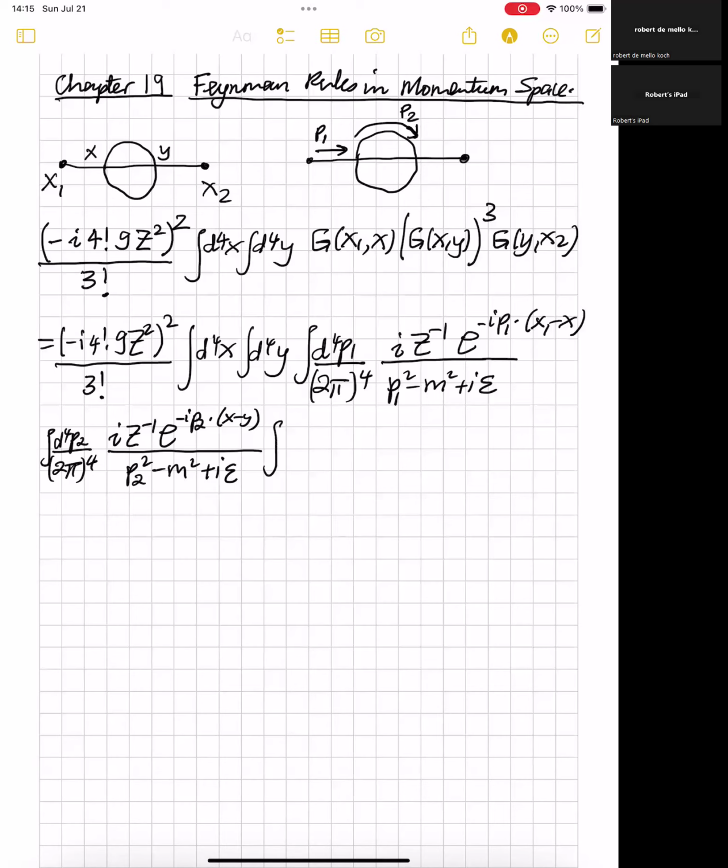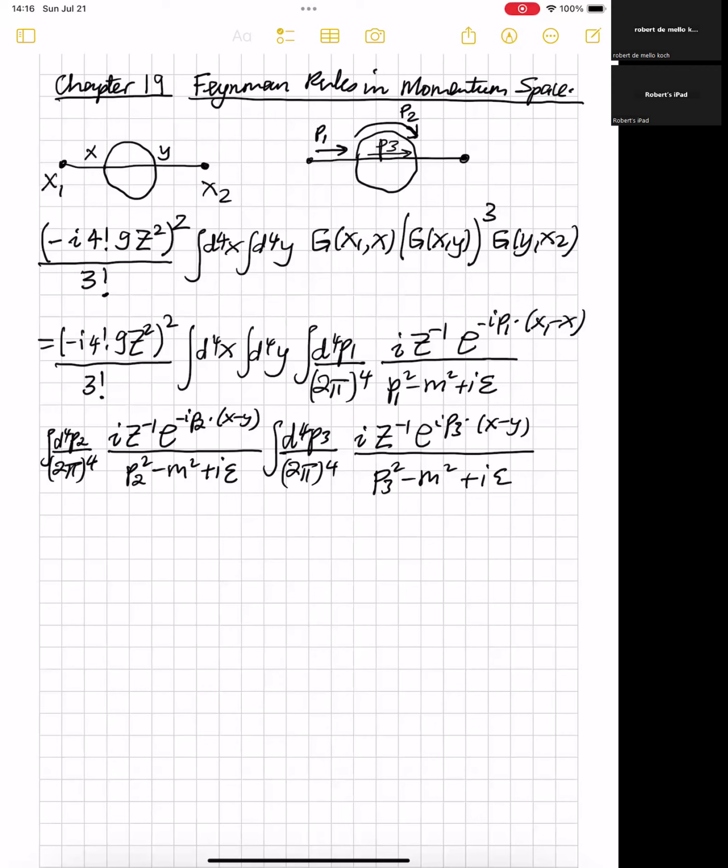Then we've got another propagator, integral d4 P3 over (2π)^4. We've got an i z minus 1 e to the i P3 dotted into (x minus y) over P3 squared minus m squared plus i epsilon. So now we've given a momentum P3 to this line in the Feynman diagram.